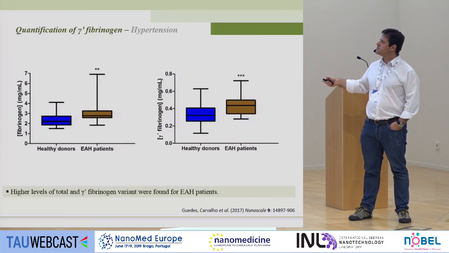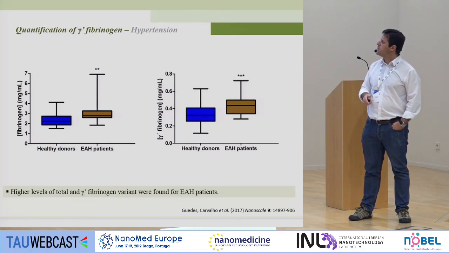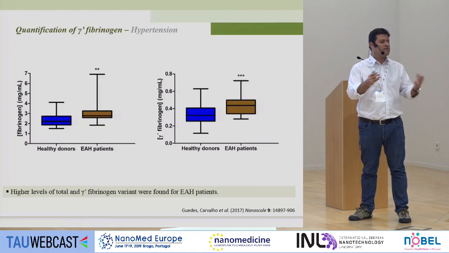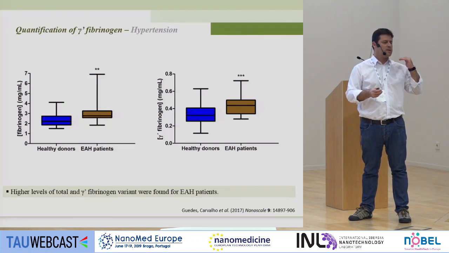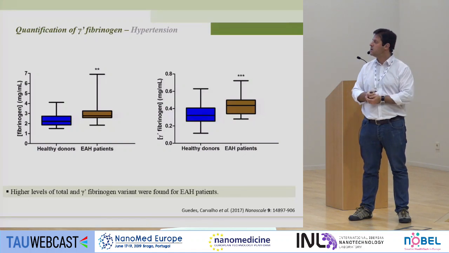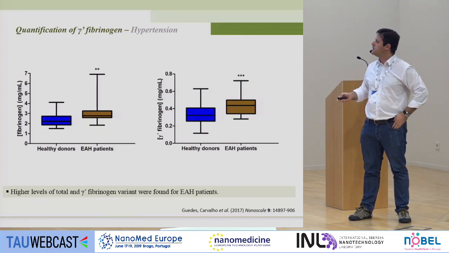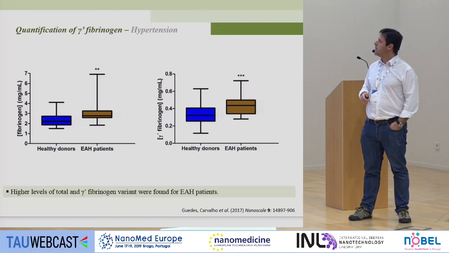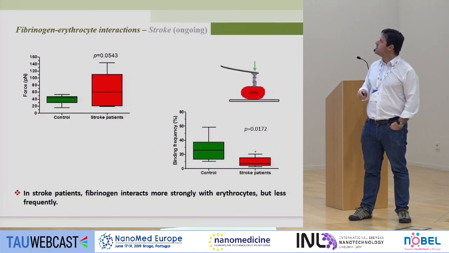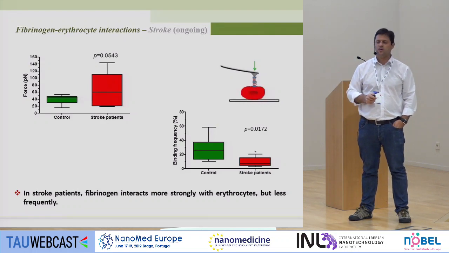And in fact, these patients had increased levels both of fibrinogen and of gamma prime fibrinogen, which we all have in our bloodstream, but some people have at higher levels that can result in a higher risk. For the stroke patients, we saw the same, and this is a study that is not finished yet.